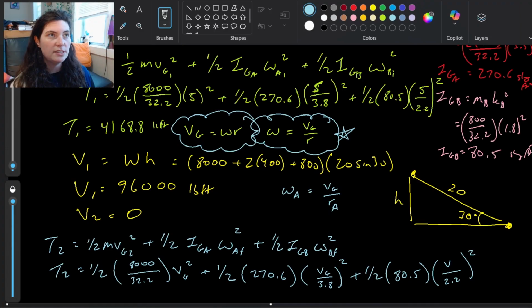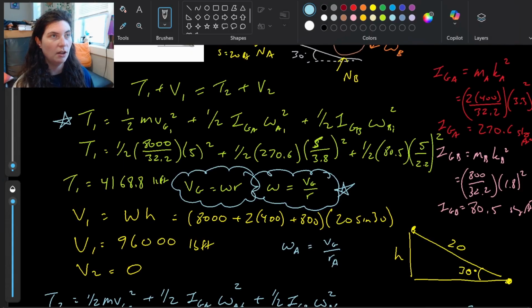So my final step in this is that I can take all of these values and actually set up my conservation of energy equation that we had right here.